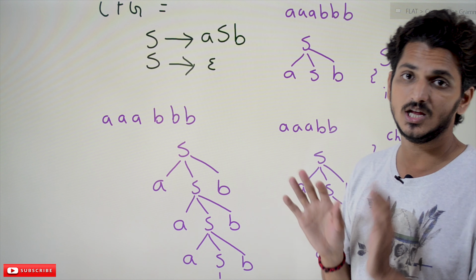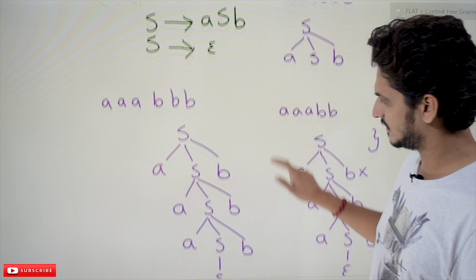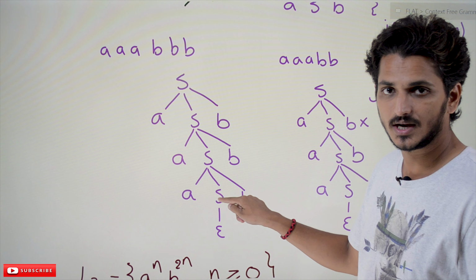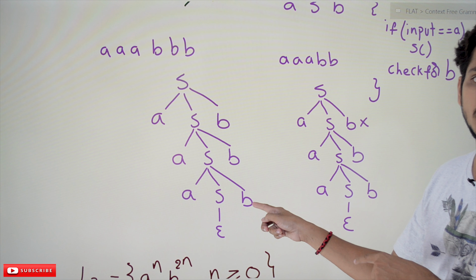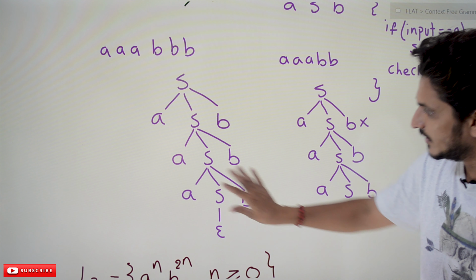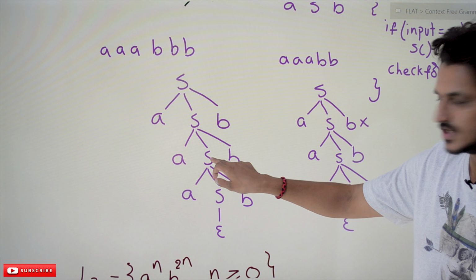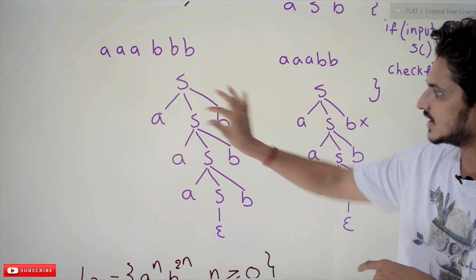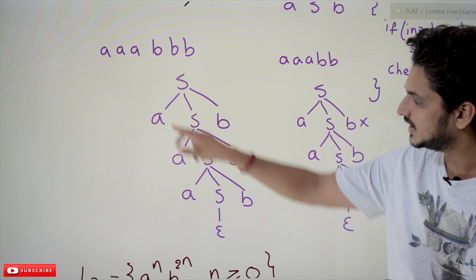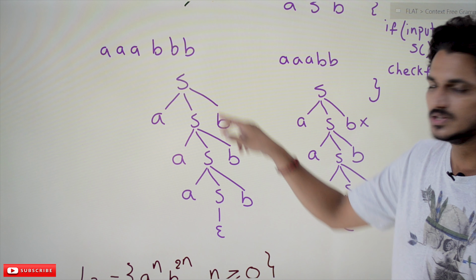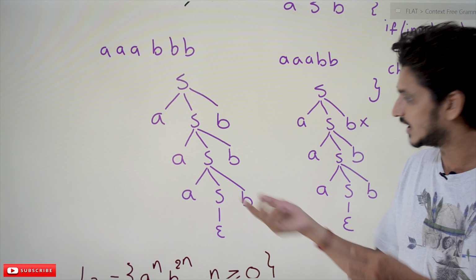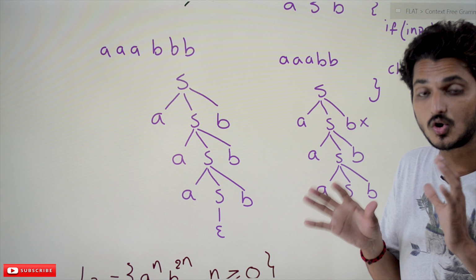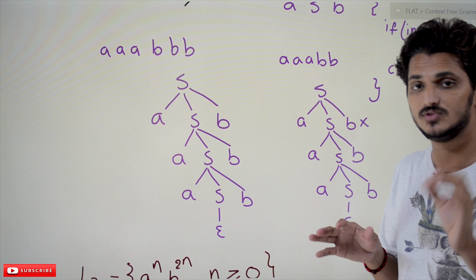Epsilon means without any input. Stop this function here, which means this S has been completed. After that it has to check for b. If this function is completed, it checks for b. If this function is completed, it checks for b. However many a's you have observed, that many b's will be checked next, after execution of these functions. With this programmatic intuition, you have to write the CFG for a given language.